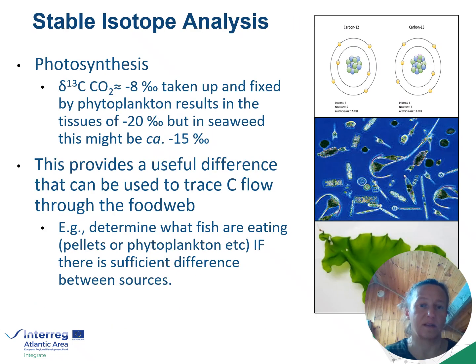So photosynthesis, for example, will utilise CO2 from the atmosphere, which is usually about -8 parts per mil, and as it takes that CO2 up, it will fractionate against a heavy isotope. So this will lead to tissues in phytoplankton of -20 approximately, but in seaweeds this might be -15 parts per mil, depending on things like environmental factors.